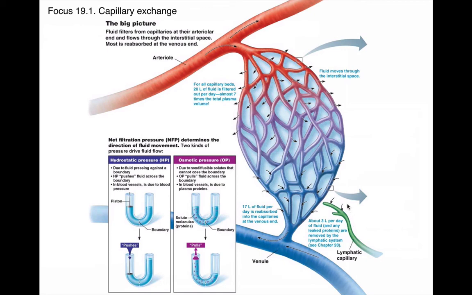Lymphatic capillaries, you'll see in the next chapter, are structured like blood capillaries, but made to be more absorbent. The endothelial cells don't overlay one another as easily, so they're really absorptive. That's one of the main things the lymphatic system does for us: it prevents about 3 liters of fluid per day from waterlogging your tissues as edema.